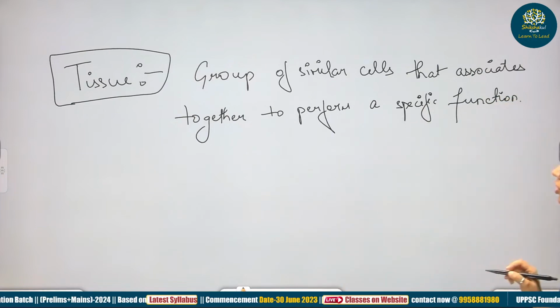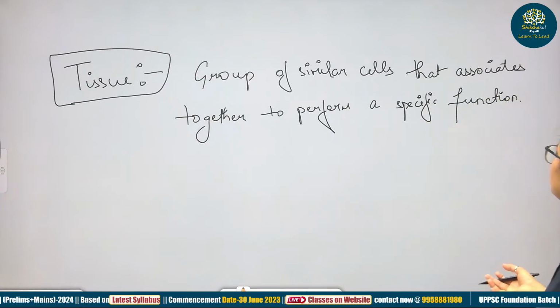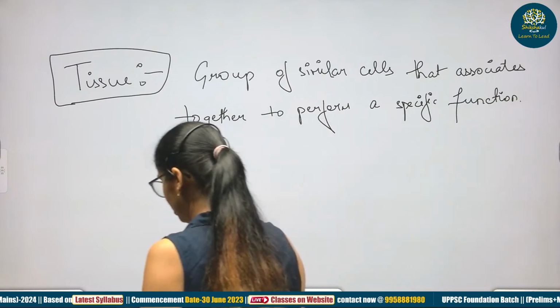So what is tissue? Tissue is a group of similar cells which associate together and perform a specific function.